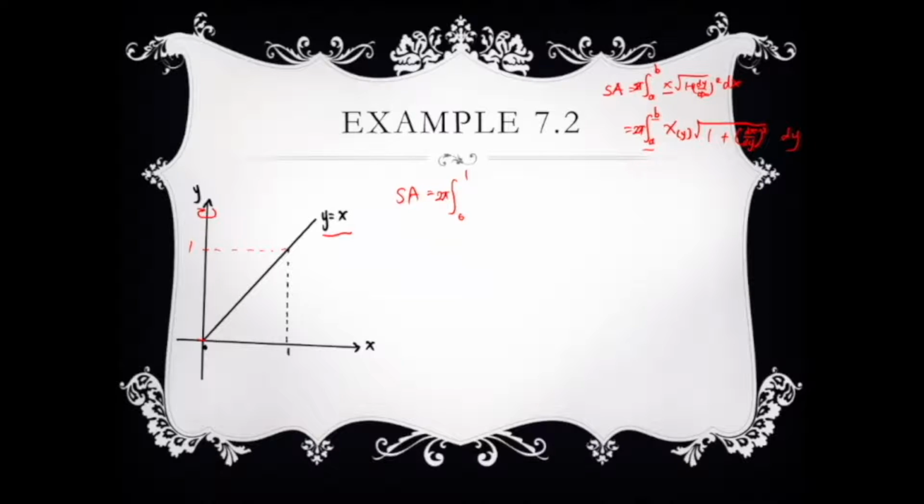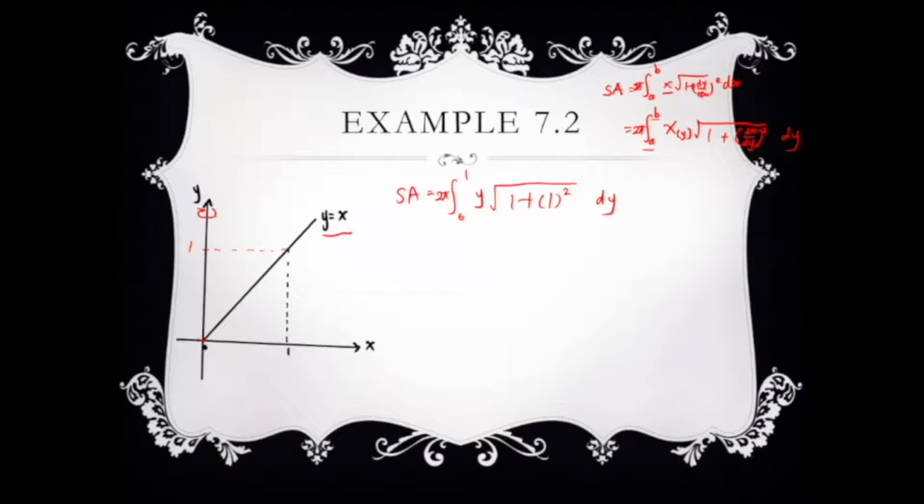Okay, so from 0 to 1 of x of y, in this case x of y equals y, times the square root of 1 plus, and dx over dy equals 1, so 1 squared. It equals 1 because y equals 1, and times dy.